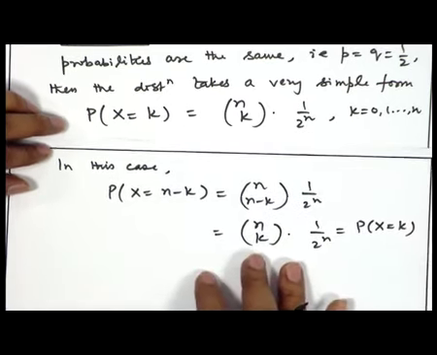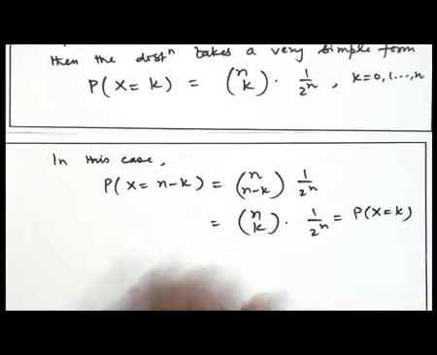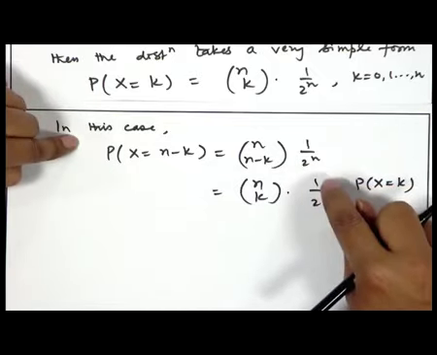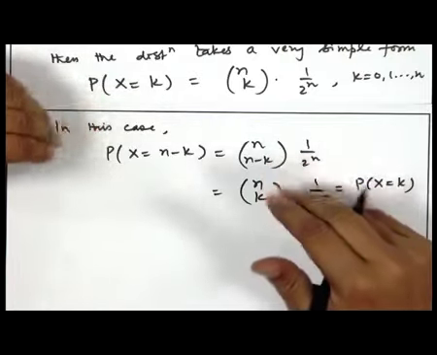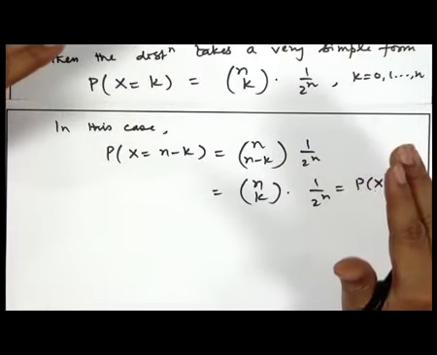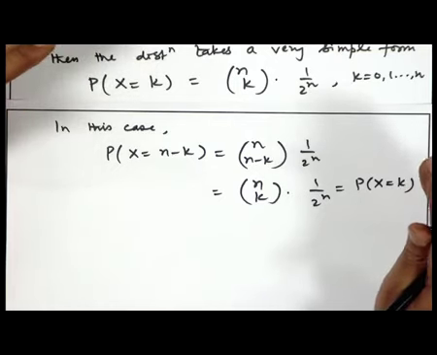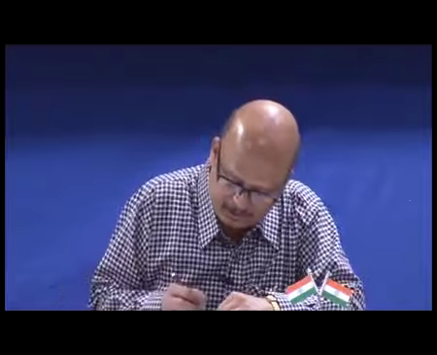So, when the success and failure probabilities are same, then the distribution allocates equal probabilities at the points which are symmetric. That means, if I consider 0 and n, then the probability will be same. If I consider 1 and n minus 1, then the probability will be same. So, let me just write it.